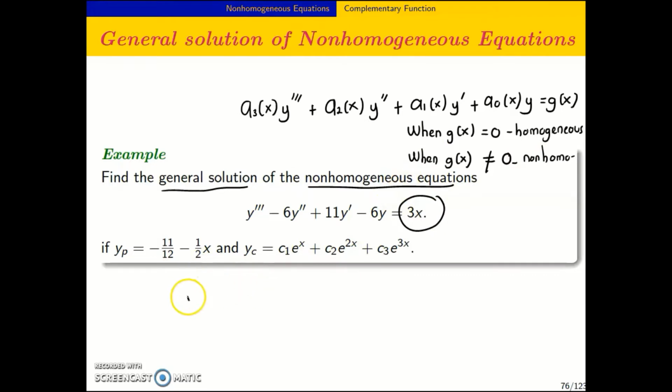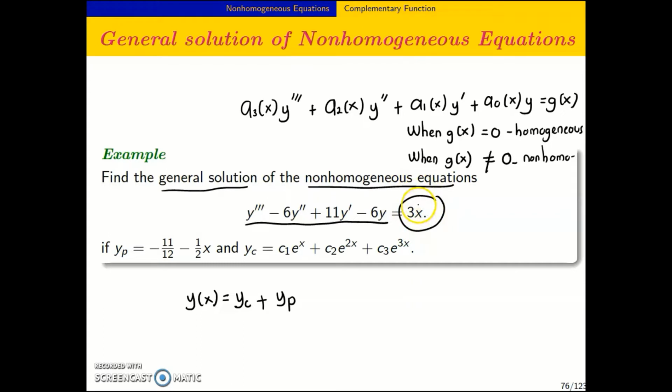To find the general solution y(x), first you have the complementary solution, which you obtain when this equation equals 0, plus the particular solution that you obtain for g(x).